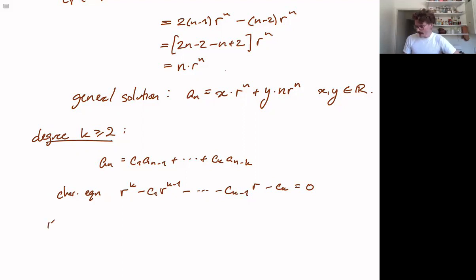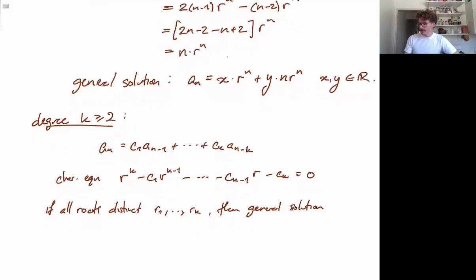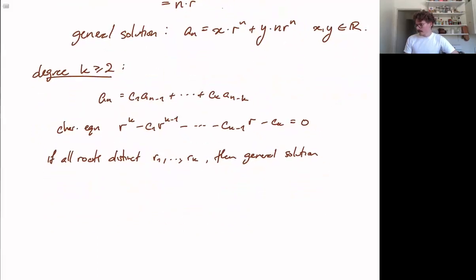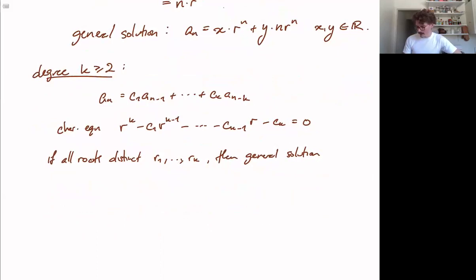So let's start again with the case of all roots distinct. Let's call them, in this case, r1 through r_k. Then, as we said, we have the same setup that the general solution is just linear combinations of r to the n.